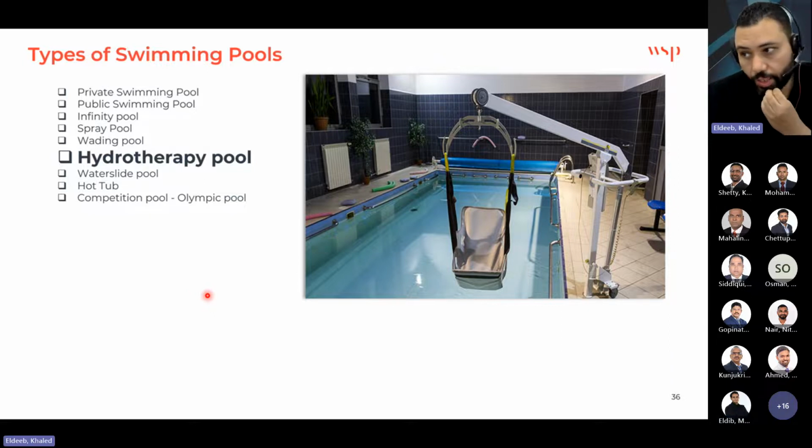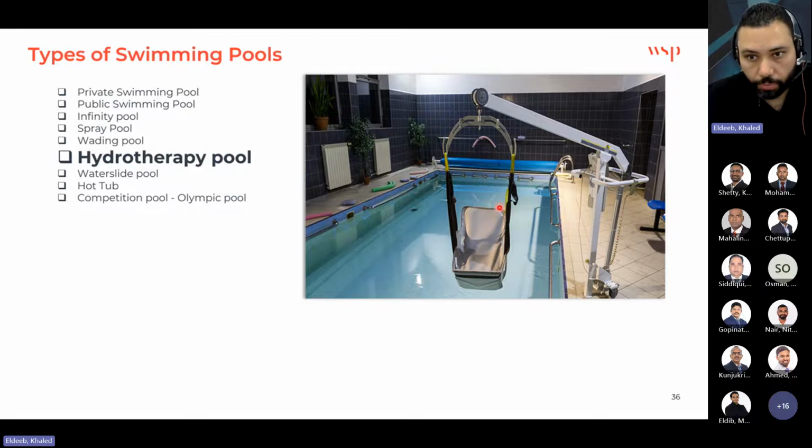Welcome. So, the hydrotherapy pool. This is a specialized pool designed for therapeutic and healing purposes, typically used for physical recovery or pain relief and overall wellness in general.